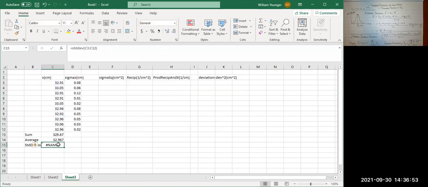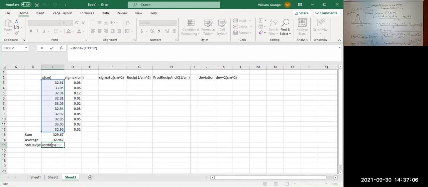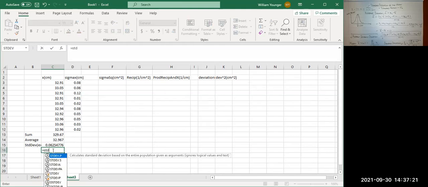And I don't know why it's saying a number here. Maybe it doesn't recognize how you spelled STDEV. Like you have to do it specifically how they want it. Maybe I actually didn't write it out the way they had. Maybe they had STDEV. Oh yeah, that's what it was. So I'll just double check STDEV. Oh yeah, I had two D's in there instead of one.